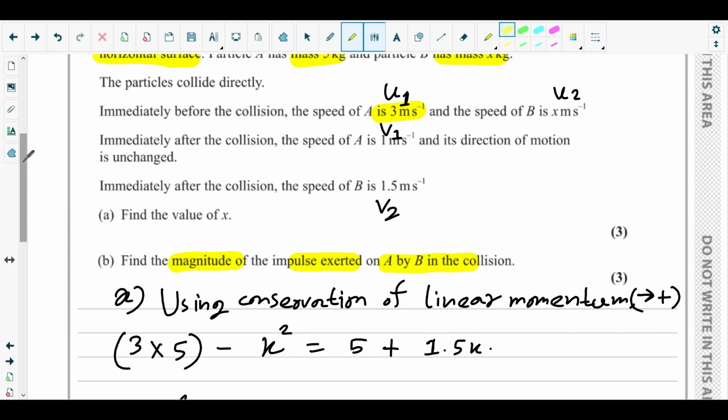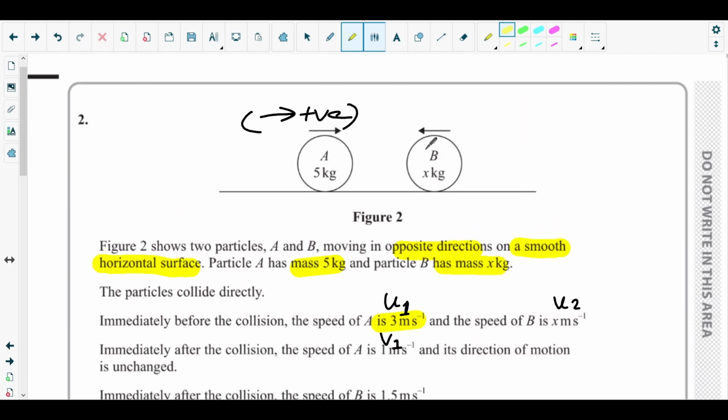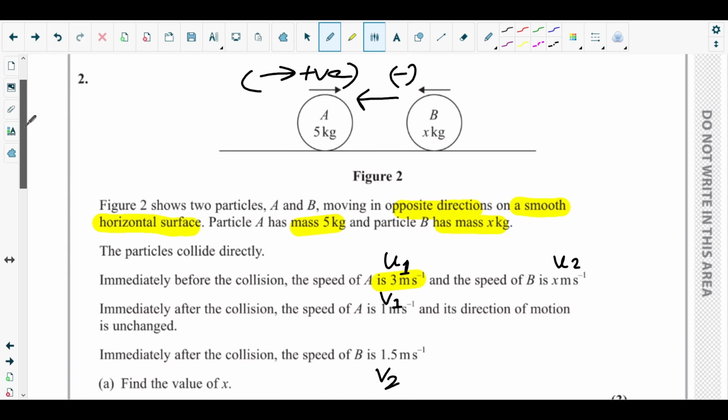Okay, so if you consider particle B is applying the force on A, in which direction will particle B exert the force? Definitely in the negative direction, right? That means impulse is exerted on particle A in the negative direction. That means change in momentum will be also negative.